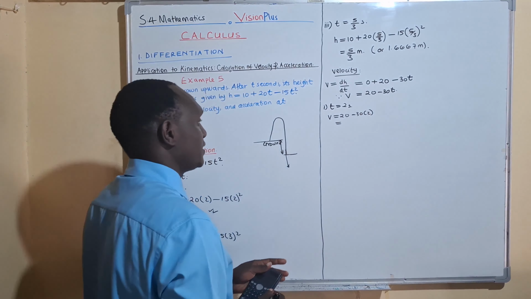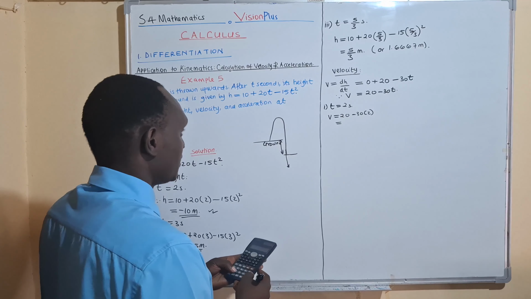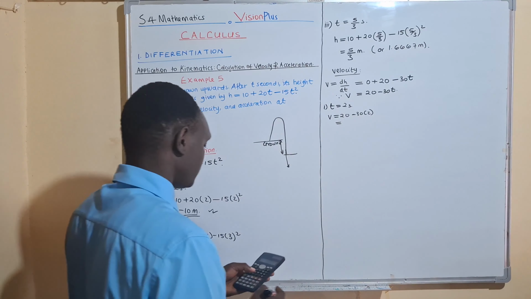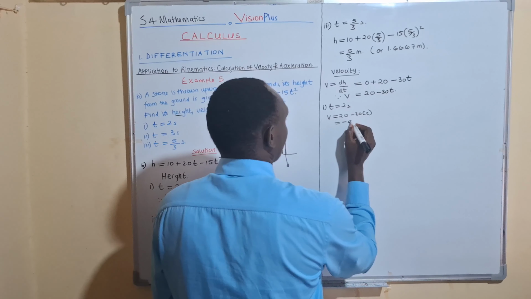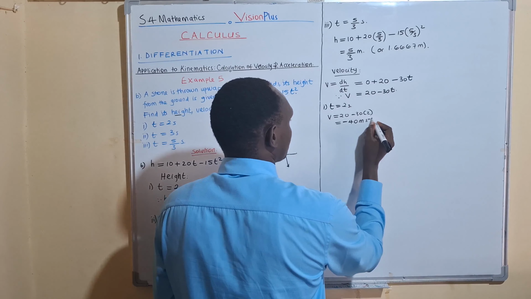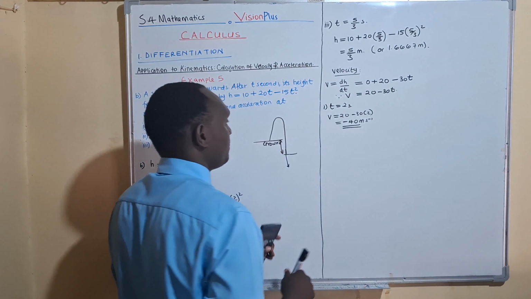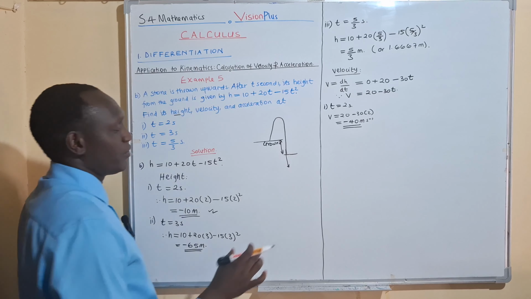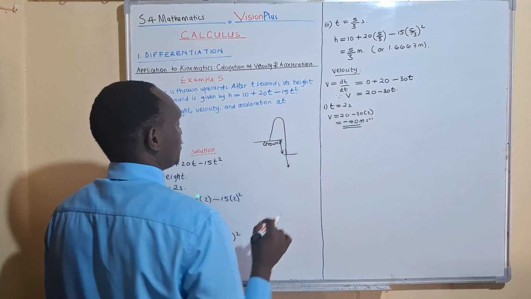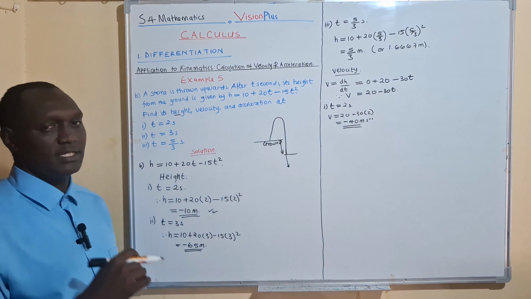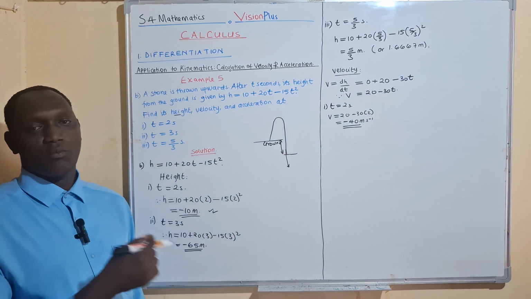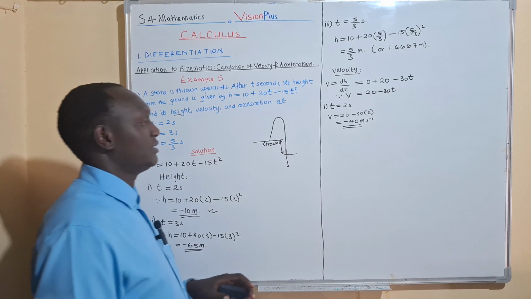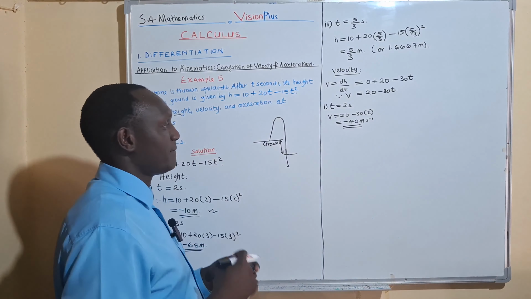When you press the calculator, 20 minus 30 times 2 is negative 40 meters per second. So the velocity when the time is 2 seconds is negative 40. What does it mean when the velocity is negative? It means that the particle is moving in the opposite direction to the initial direction. It means that it is moving backwards.